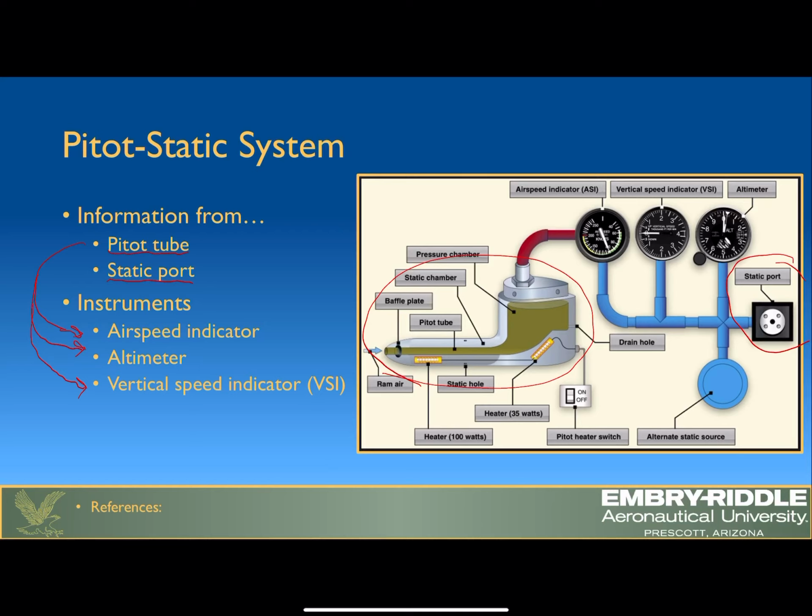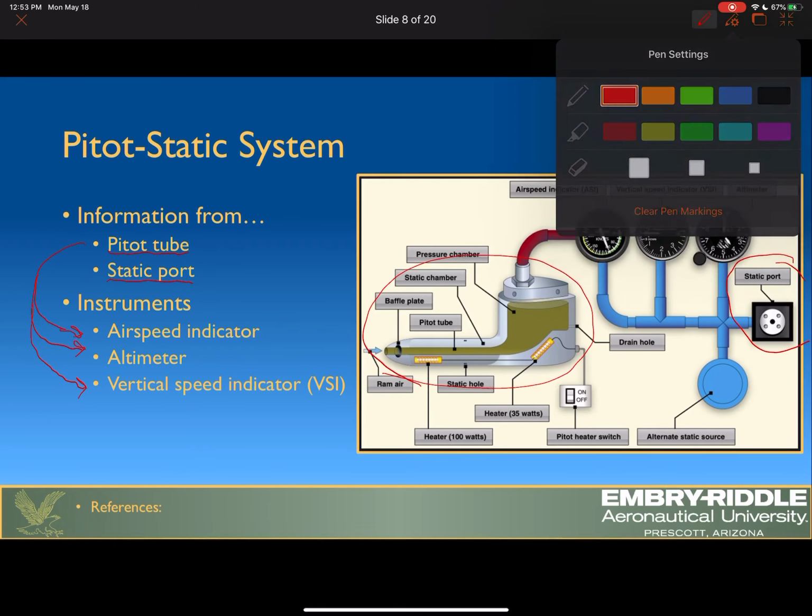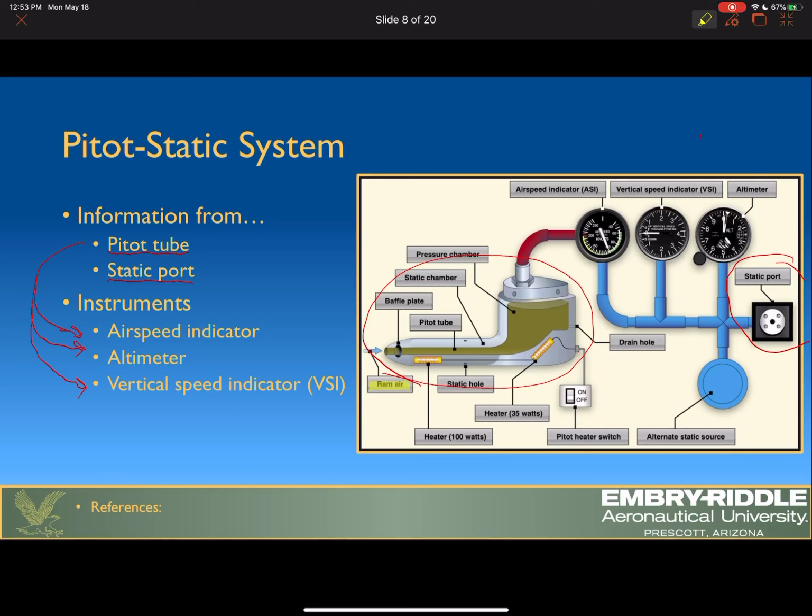We know that our pitot tube takes in ram air. So if you guys can see, let me pull up my highlighter. You can see right here we have our ram air intake. Whenever you hear the word ram air, it comes up quite often when we talk about different flight instruments and different parts of the aircraft.